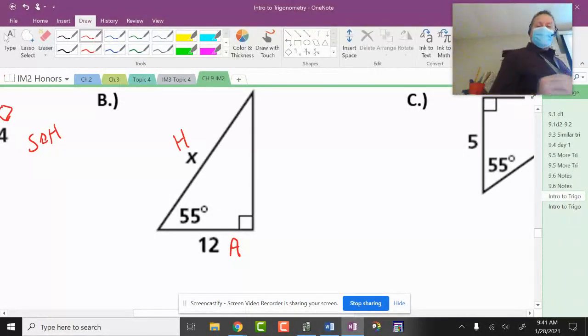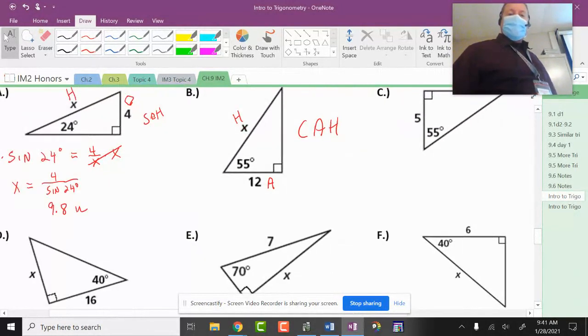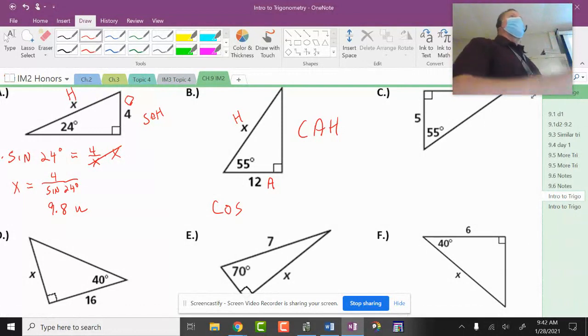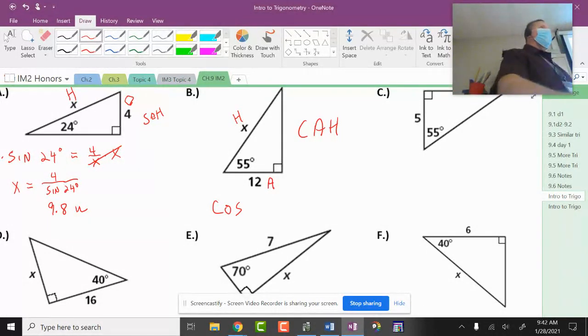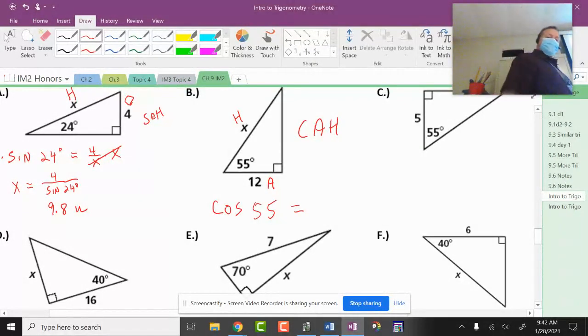SOHCAH or TOA? What does that mean? Which trig function? Cosine. Who do you cosine? Oh, you always cosine the angle, which is 55. And then that equals what? What over what?